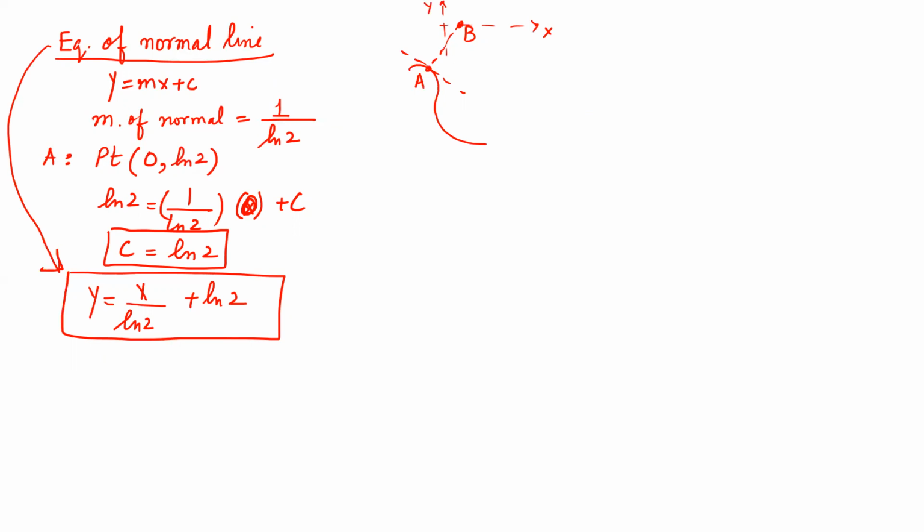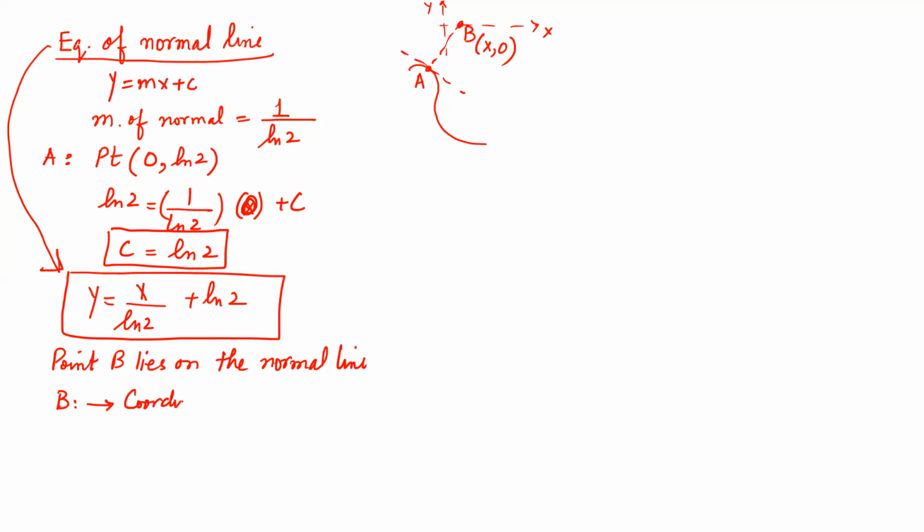So B is on the x-axis, which means y is 0. We know the line is passing through B, so point B lies on the normal line. So we can find the coordinates of B.